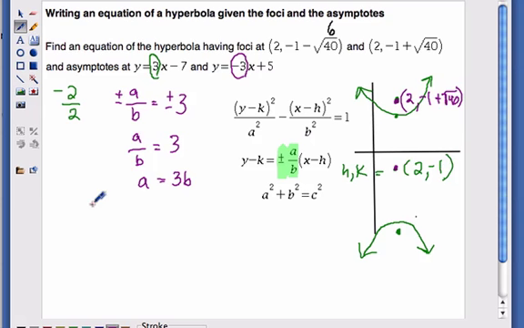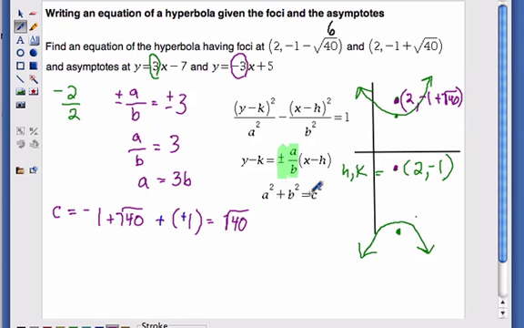So I can find c by taking -1 plus the square root of 40 and subtracting this y value here, subtracting a negative 1. When you subtract a negative 1, it's the same as adding a positive 1, and we have a negative 1 here. These two cancel each other out, and that gives me that c is the square root of 40.